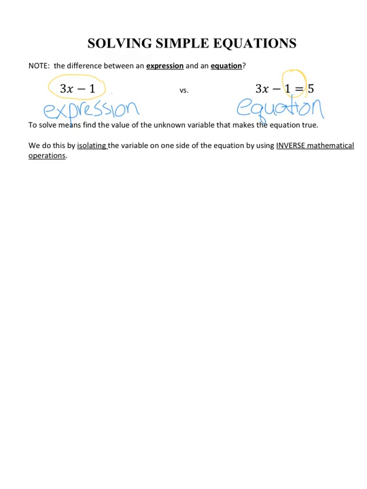The main idea here is that we do this by isolating the variable on one side of the equation, so isolating this x onto one side. What we do is use inverse mathematical operations.